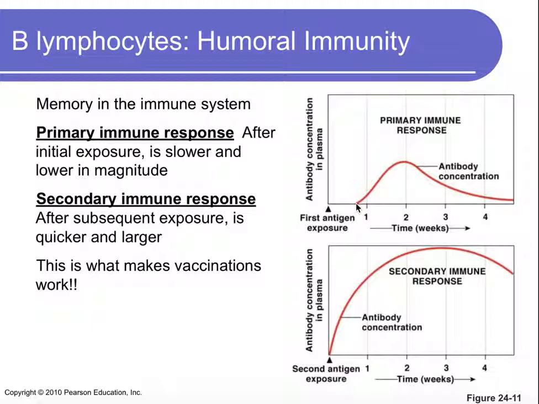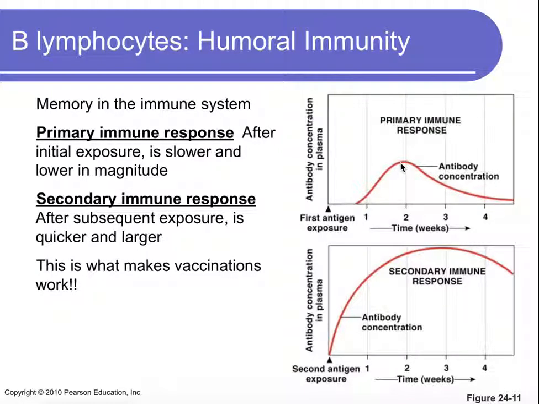If you take a look at the antibody concentration in the plasma, in the blood, it takes about 2 weeks after that initial exposure for our antibody concentration to peak, which means our pathogen has had free reign in our body for that period of time. So we are likely to have gotten sick at this point.